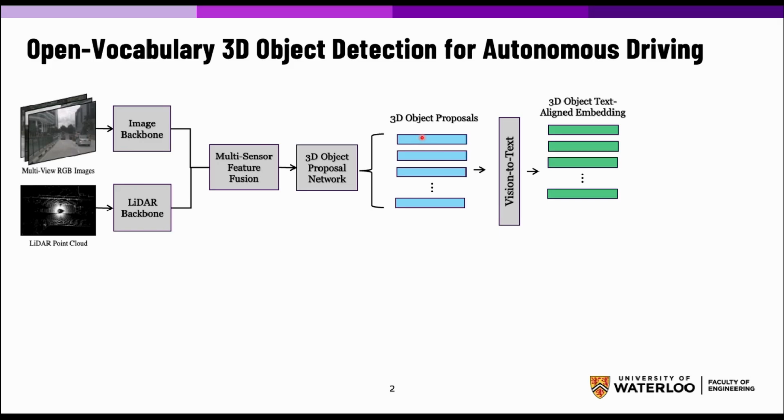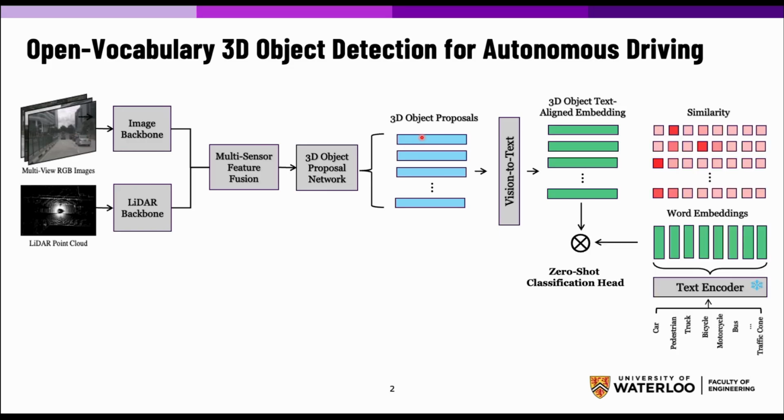And we perform the same steps. We take a projection layer that projects vision into text, and then we perform the same zero-shot classification. So the only things that really changed are the way we process the sensory inputs, but the training is quite the same, and the way we do classification is the same.